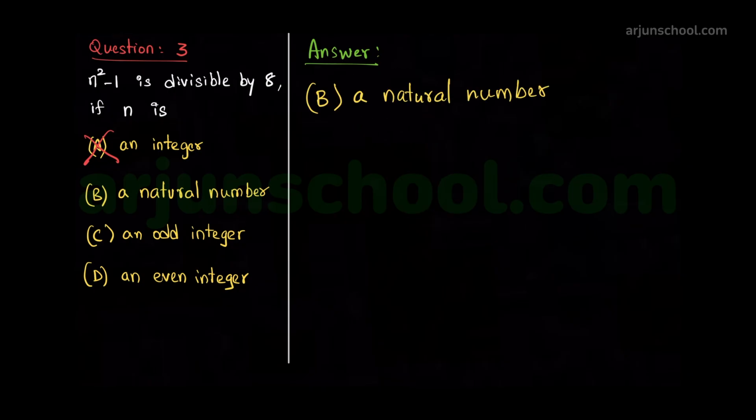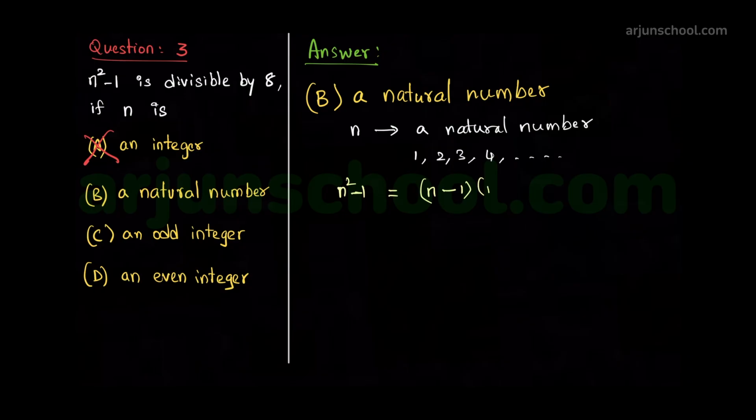Option B is if n is a natural number. Natural numbers are 1, 2, 3 and so on. N square minus 1 can be written as n minus 1 into n plus 1. The same explanation that we have given for option A holds here also.